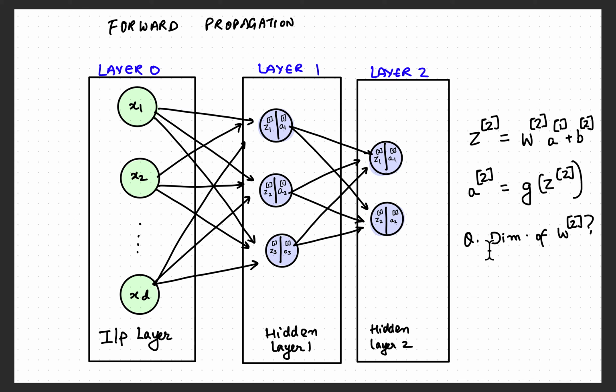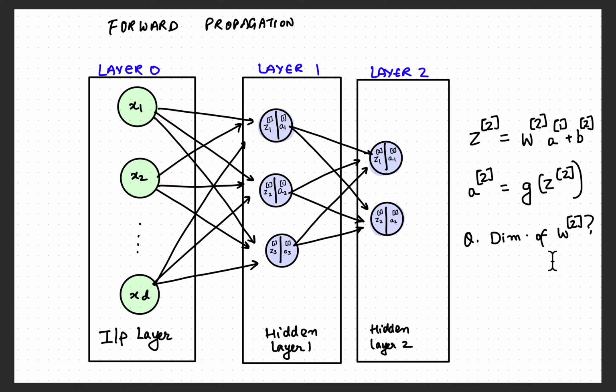And then correspondingly also calculate a square bracket 2, which you would have figured out by now is again a two-dimensional vector because we have two nodes in layer number 2.